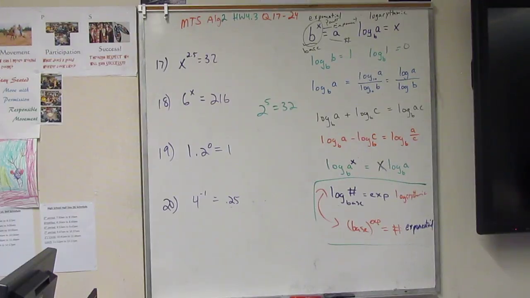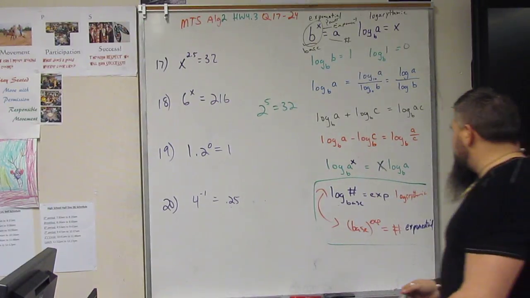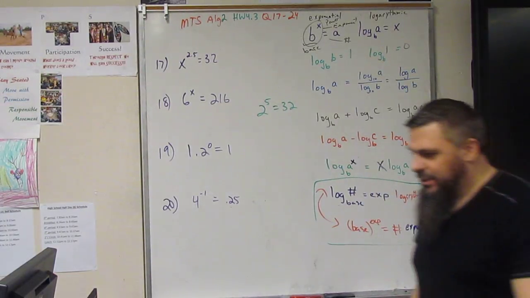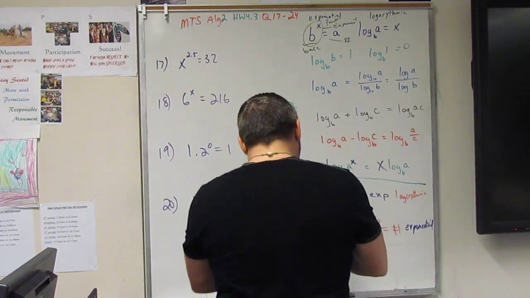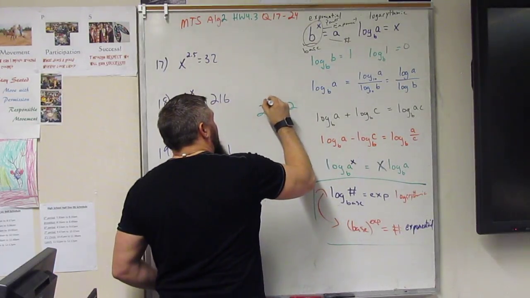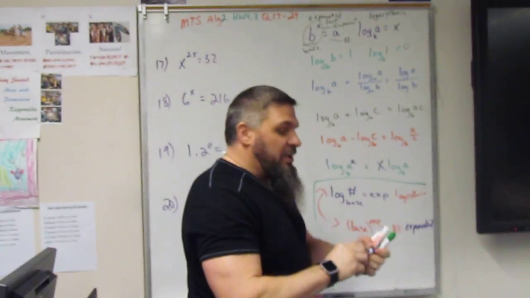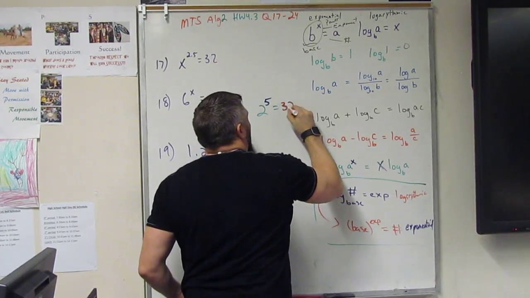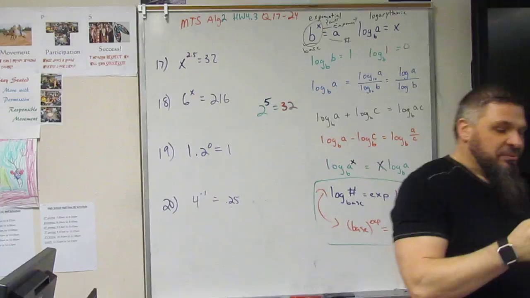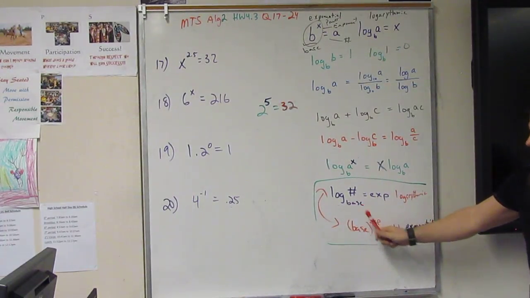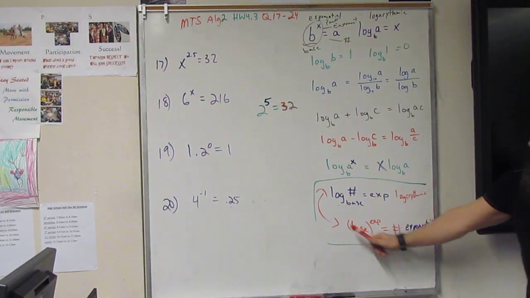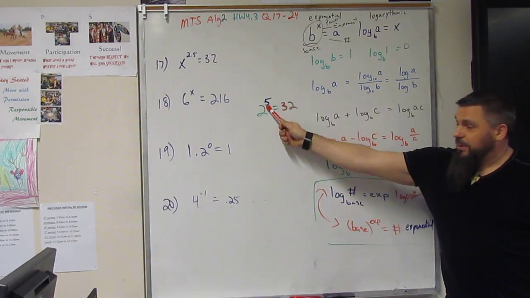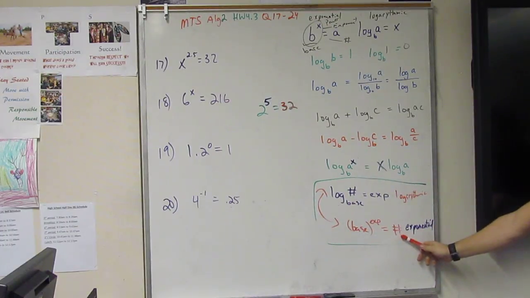If I were to write that in exponential form, I like to look at each one being its own color, and that way I can know where they move to. So exponential form looks like a base, the exponent, and the number.